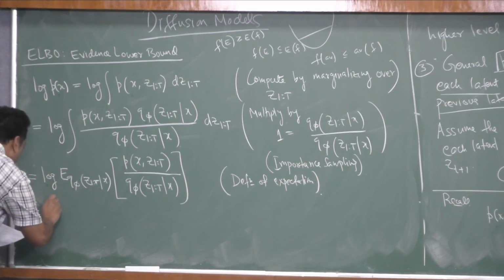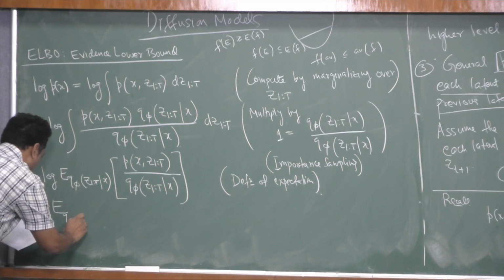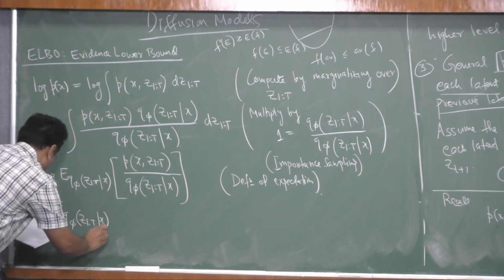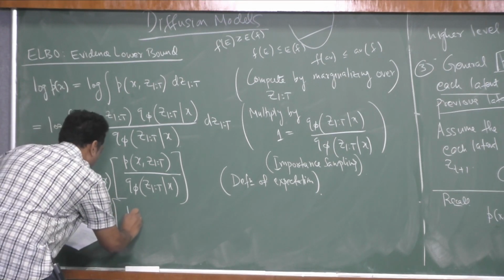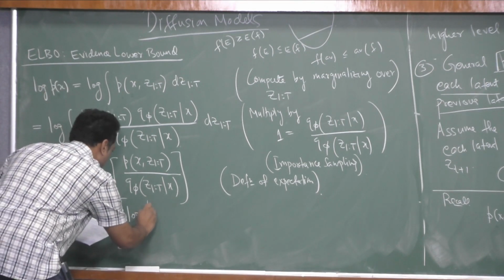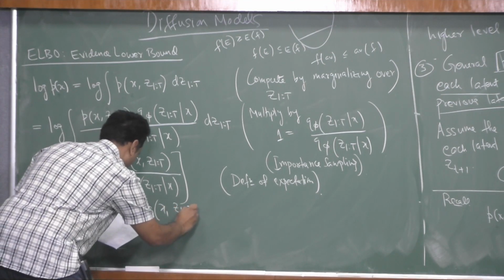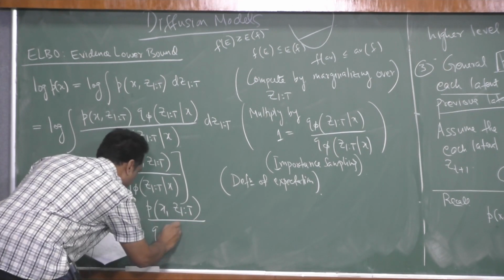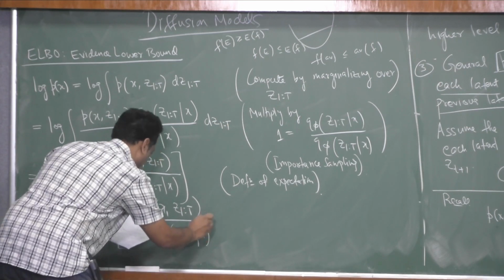So this is greater than or equal to the expectation of q phi z 1 to t given x, and log of p x z 1 to t divided by q phi z 1 to t given x.